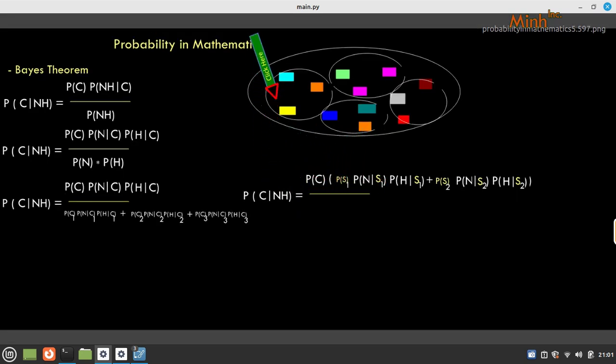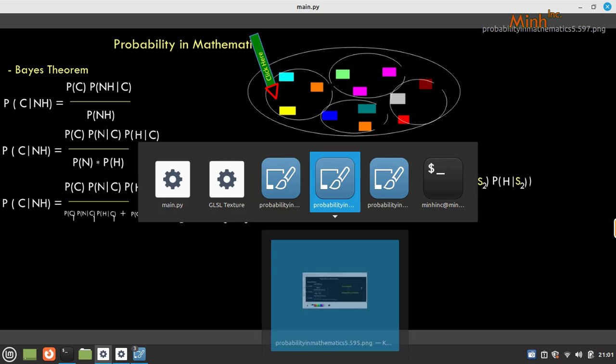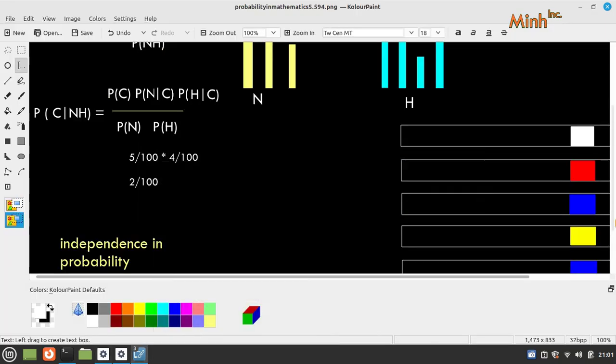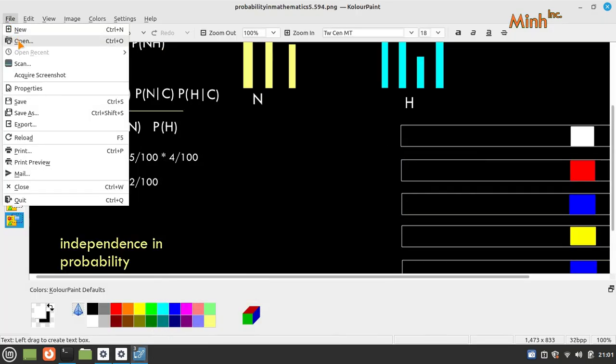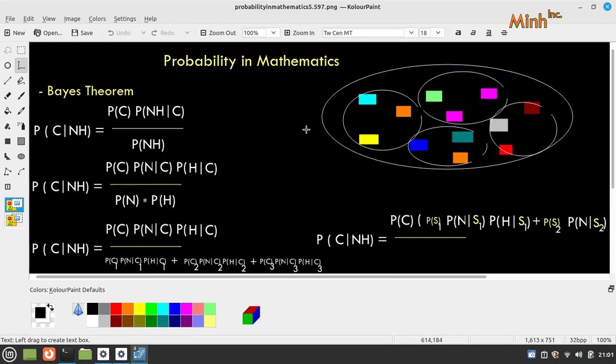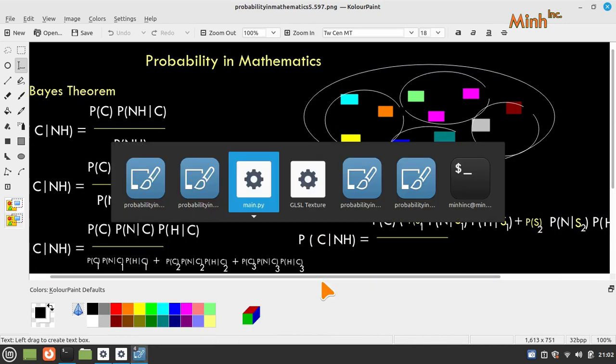Okay, so we will have a lab session. In that we have documents. Okay, so I think we can copy this into the lab session.